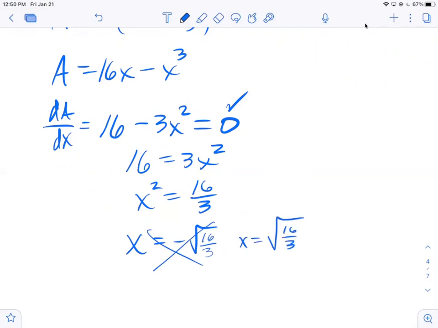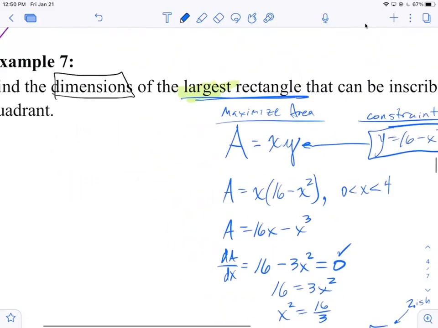Now, is that between 0 and 4? I sure hope so. 16/3 is about 5-ish, and the square root of 5-ish would be 2-ish. So it's in.